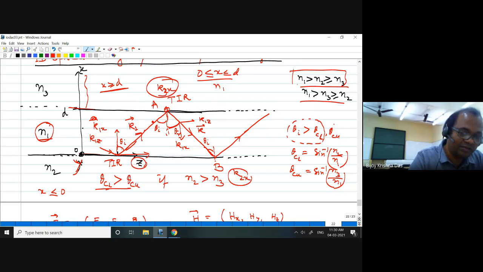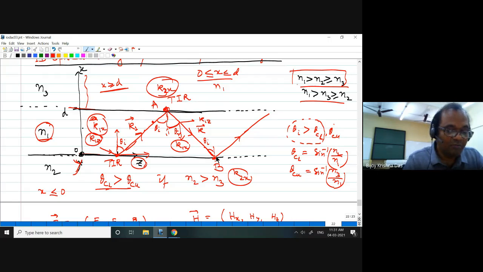But within the waveguide, I can see that k1x is directed towards the positive x-axis, and this k1x here is directed along the negative x-axis. The longitudinal component k1z remains unchanged from point A to point B. But k1x has a positive component and a negative component.